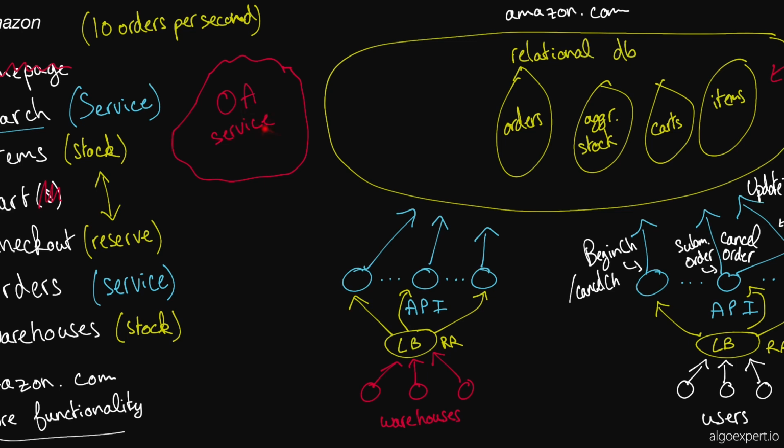And this will be in charge of communicating with the orders table. So it'll be reading from the orders table. And it'll likely be talking to the warehouses. Let me put an arrow in red here, like this.